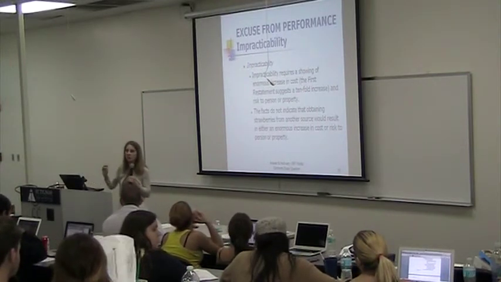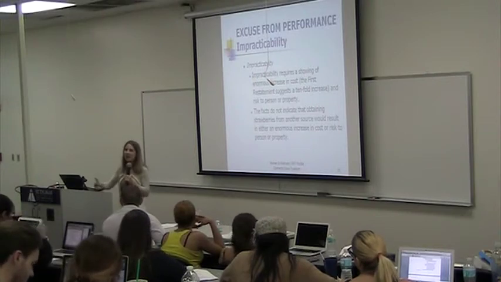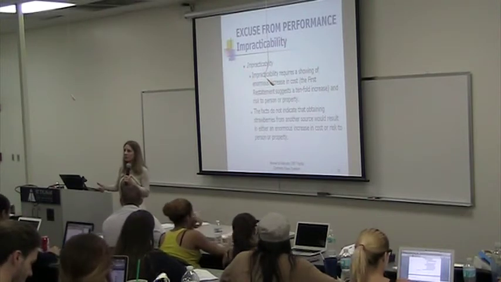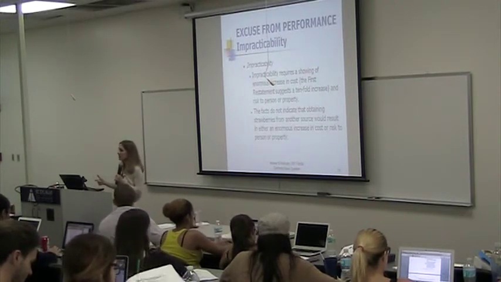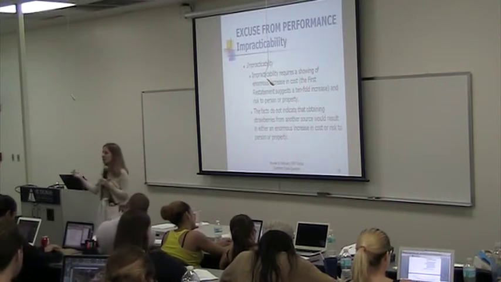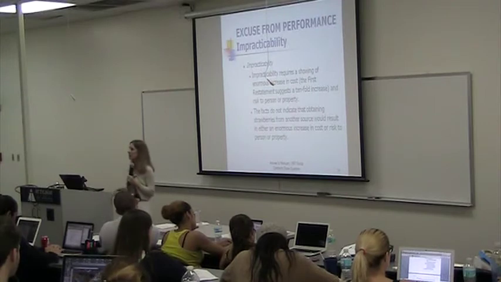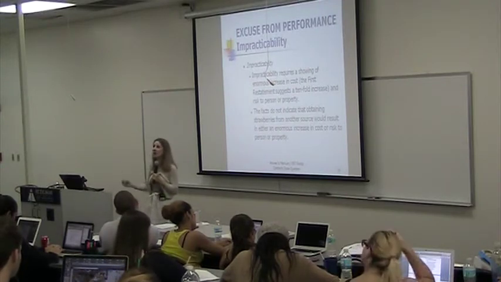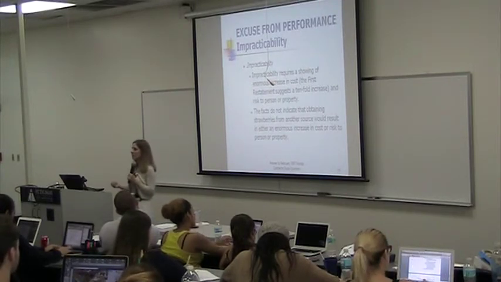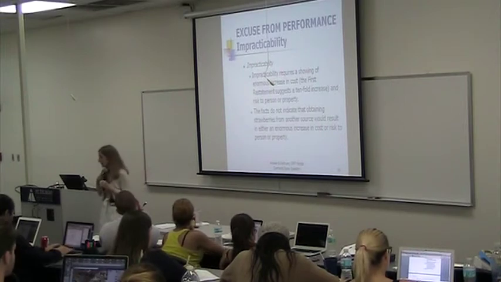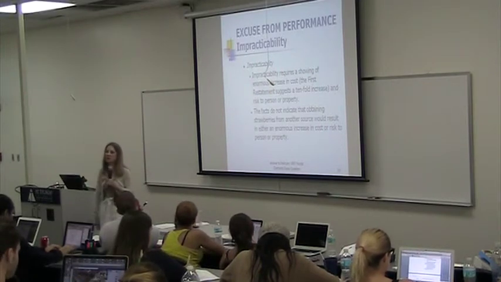What do you look for in impossibility? Death of the promisor or destruction of the subject matter. And that takes you back to Taylor versus Caldwell, the music hall that burned down, which you probably remember from your contracts class. If the actual subject matter is destroyed, my crop of strawberries, that's classic impossibility.